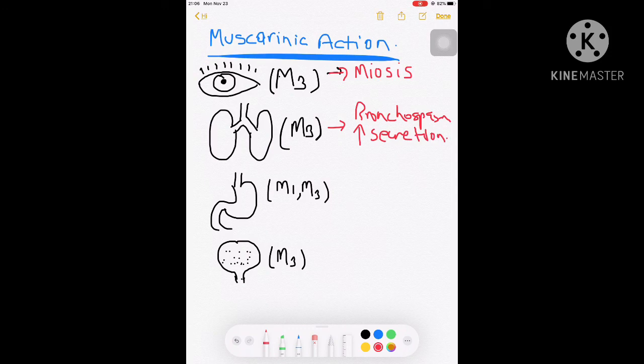Now moving on to the gastrointestinal system, there are two types of receptor, M1 and M3. M1 is present on the stomach and intestine, and the glands have M3 receptors. The effects are stimulation of parietal cells, which increases hydrogen ion synthesis, causing increased acidity and thus gastritis.